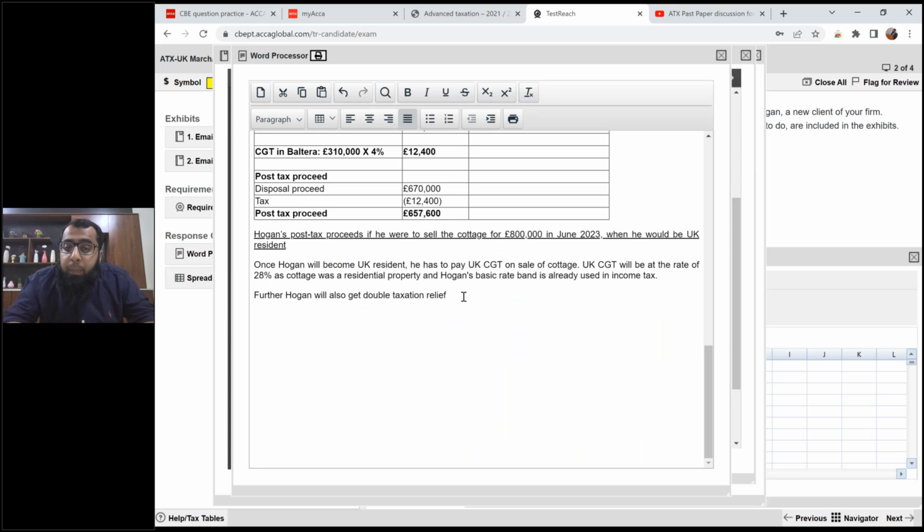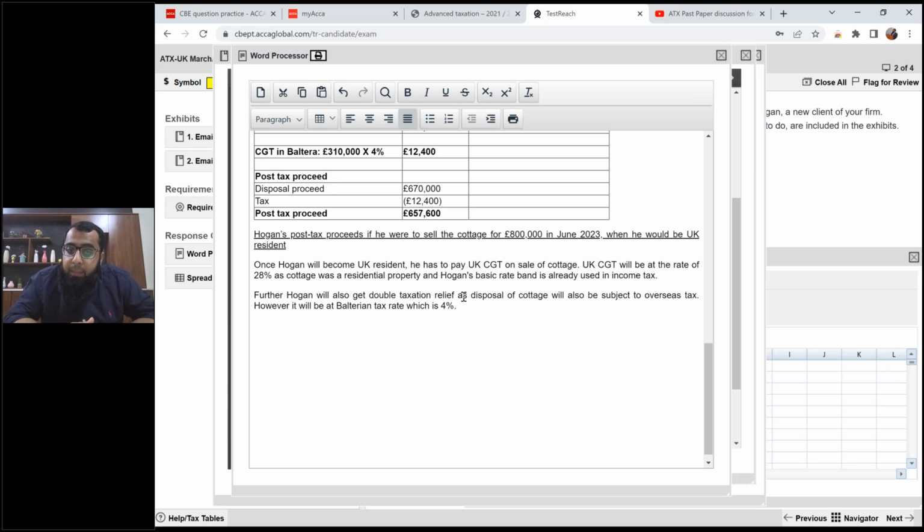Further, Hogan will also get double tax relief as the disposal of the cottage will also be subject to overseas tax. However, it will be at the Baltirian tax rate, which is 4%.